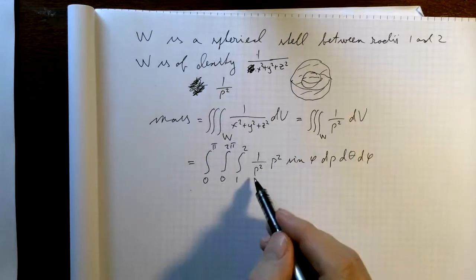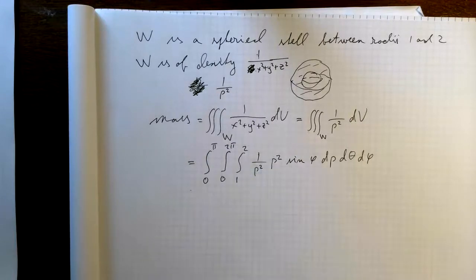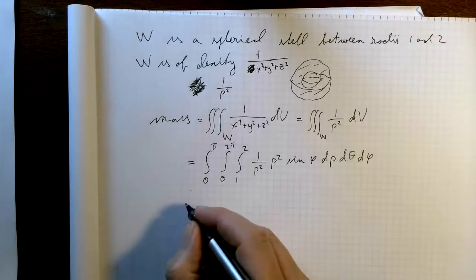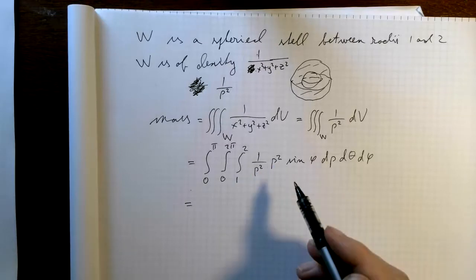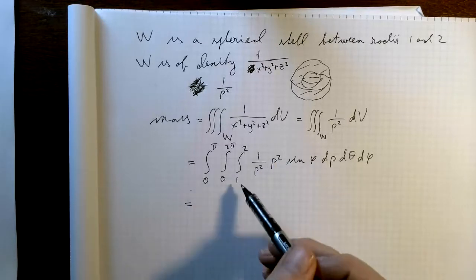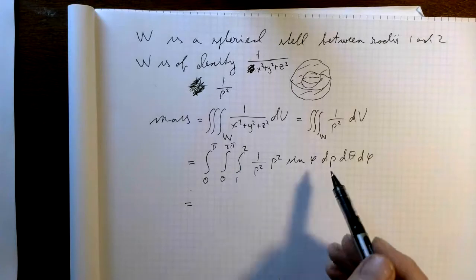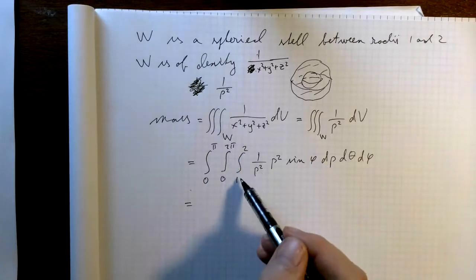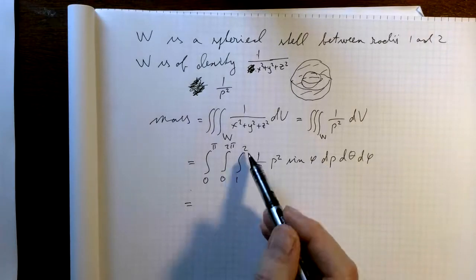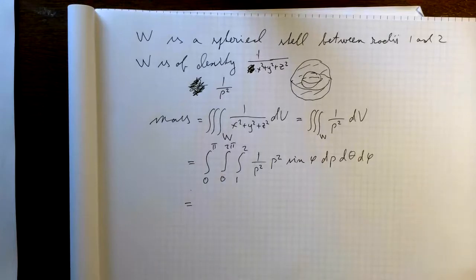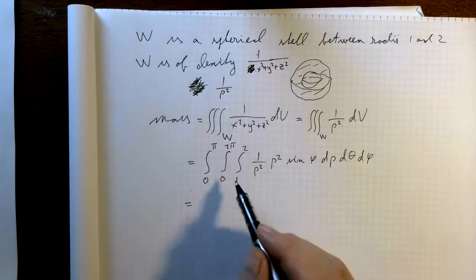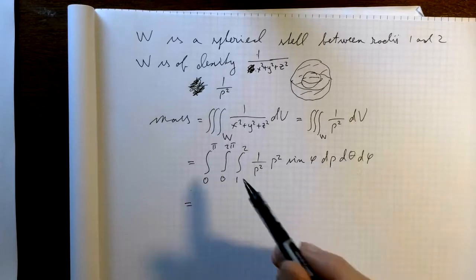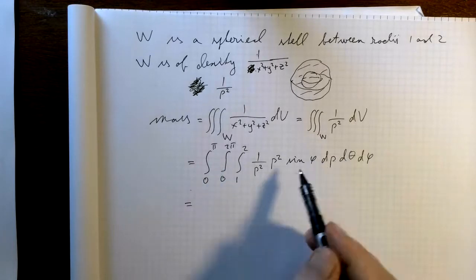Now here, conveniently, the rho squared cancels out. If you think about it now, the integral in terms of rho is giving us 1, right? It's the integral from 1 to 2, and there's nothing here that depends on rho. Similarly for theta, there's nothing here that depends on theta, but that's giving us 2 pi.